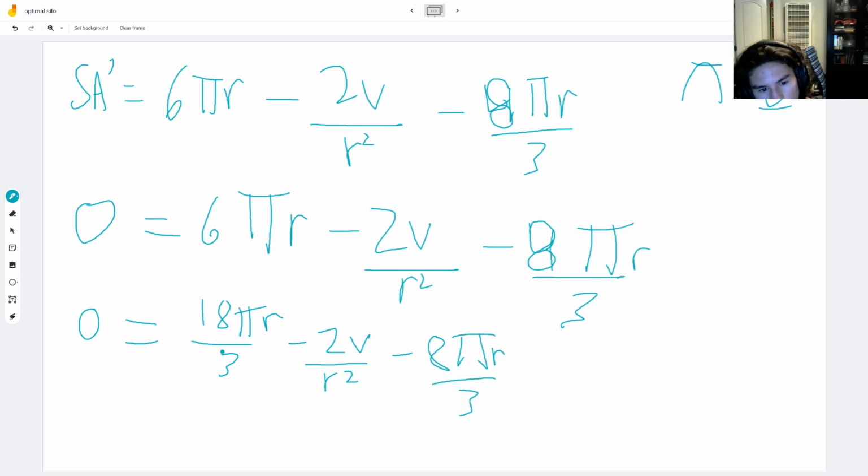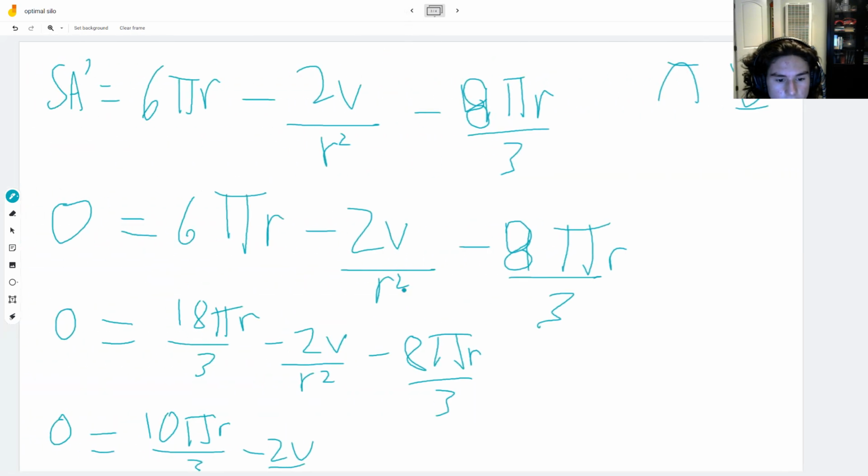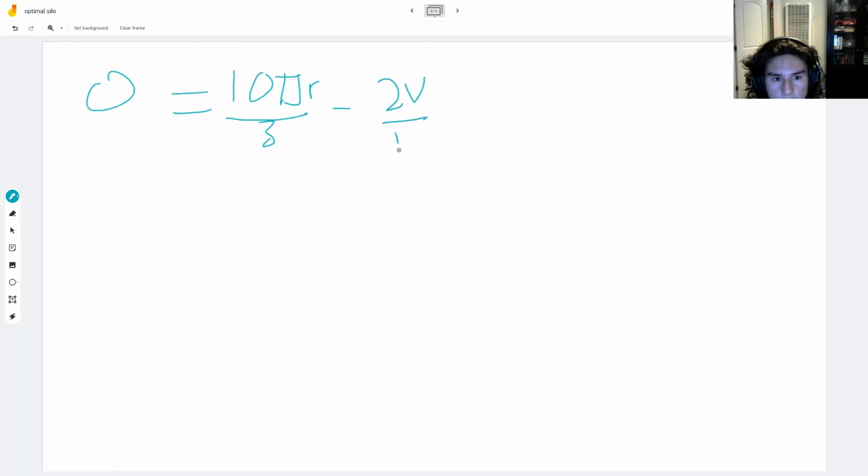So what we can do is we can subtract these two and say 0 is equal to 10 pi r over 3 minus 2v over r squared. I'm going to just write this on a new page. 0 equals 10 pi r over 3. I think that was minus 2v over r squared. So remember, v is just a constant, so it doesn't really matter.